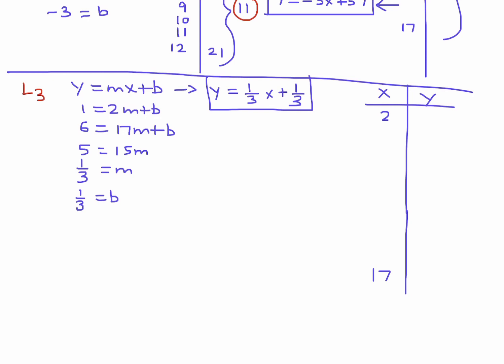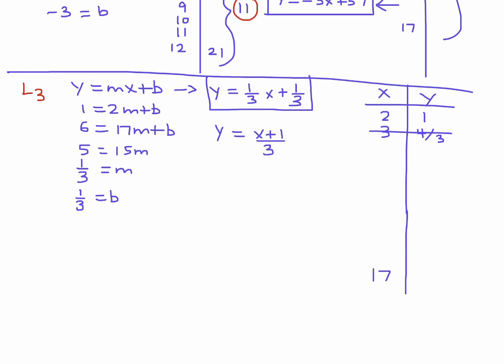For 2, when x is 2, we get 1. But for 3, it will be 4 over 3. And that is not an integer solution. That is not a lattice point. Very quickly, you will notice that y is basically x plus 1 over 3.